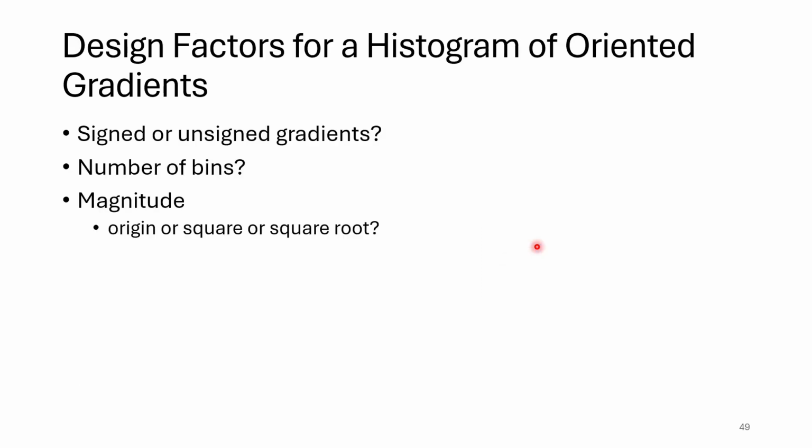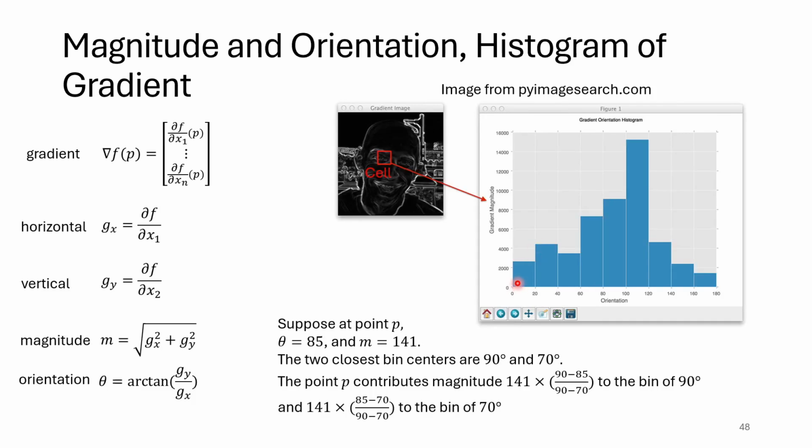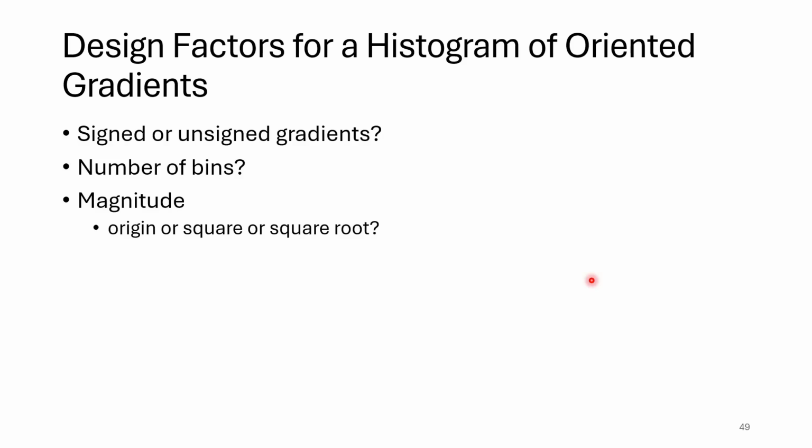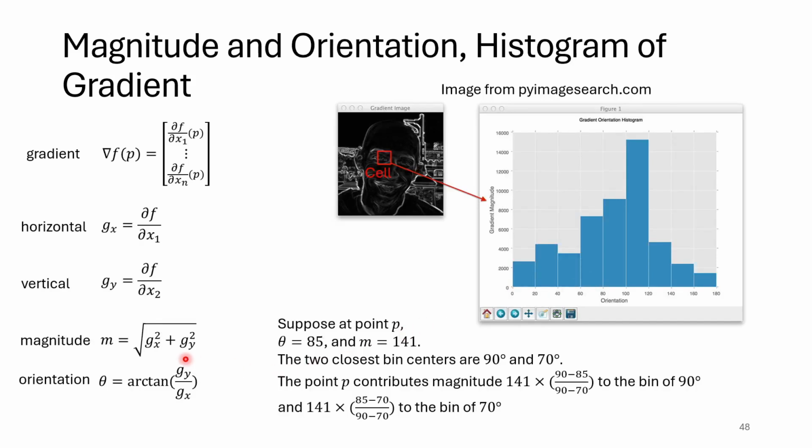And how many bins do they need? For example, there are 9 bins, which means per 20 degrees they will bin. But is it better if they set more bins or fewer bins? Or how to compute the magnitude? Here the magnitude is the L2 norm, the root sum of square.